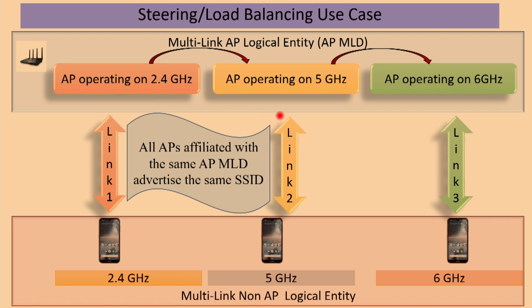The first terminology, which is slightly deeper than MLO, is this concept that now our AP, if you see in some brochure that it's an AP MLD, then don't be worried, it's an AP multi-link device. And similarly, as I said, the multi-link is not only restricted to steering across the links.